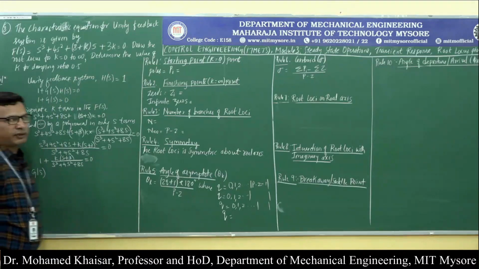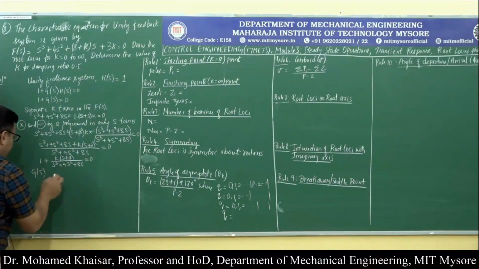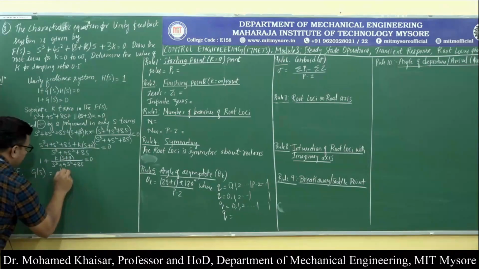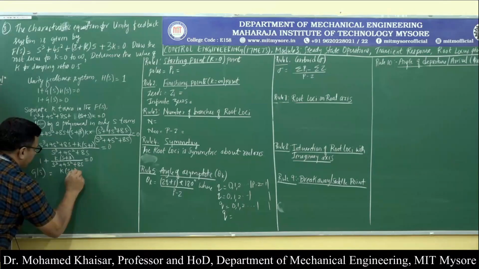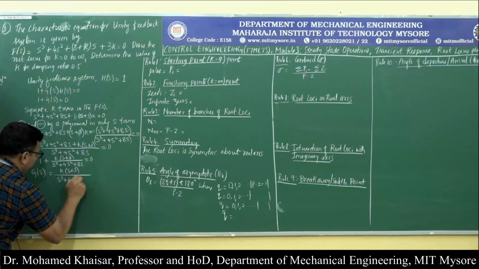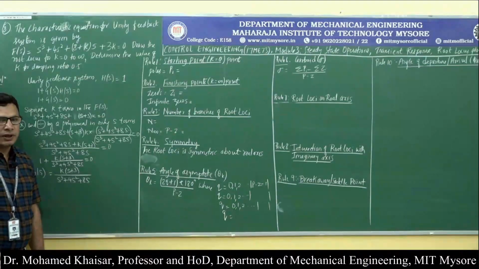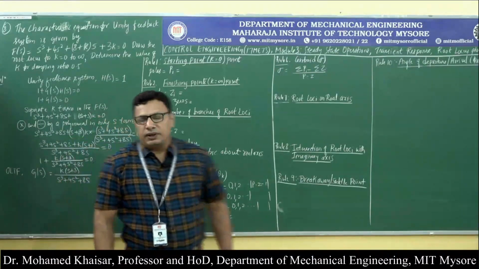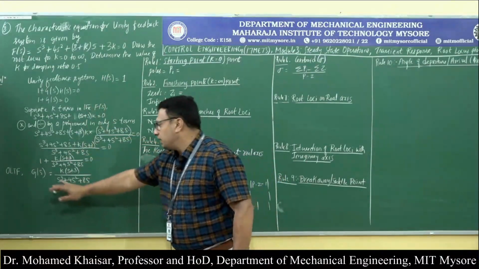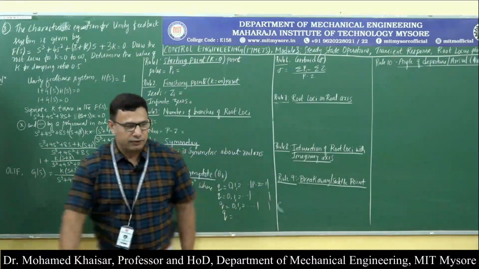So the open loop transfer function is G(s) equal to k into (s plus 3) divided by s cube plus 4s square plus 8s. Now, from the given characteristic equation, we have derived the open loop transfer function. This is where we can start our solution.